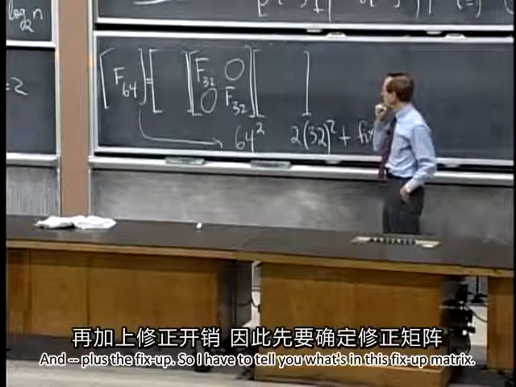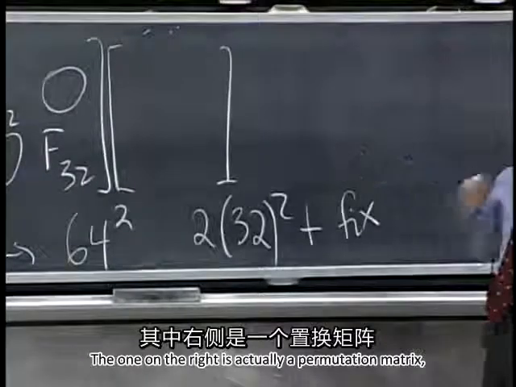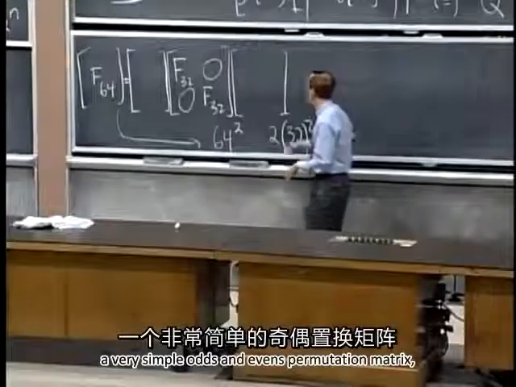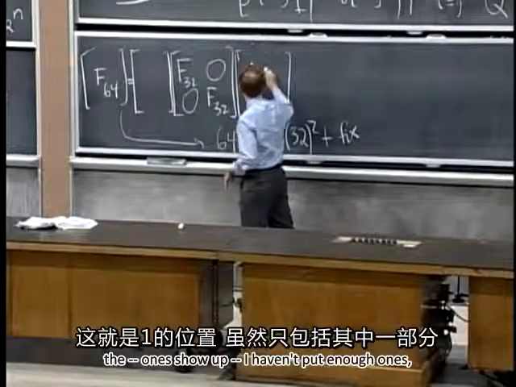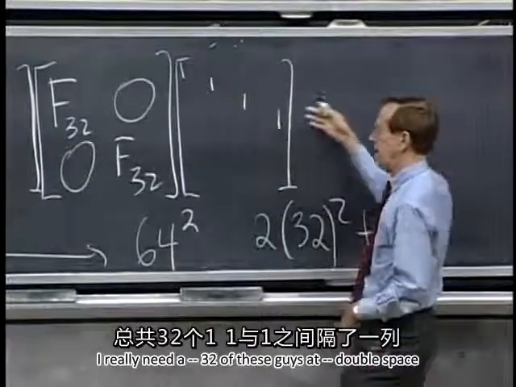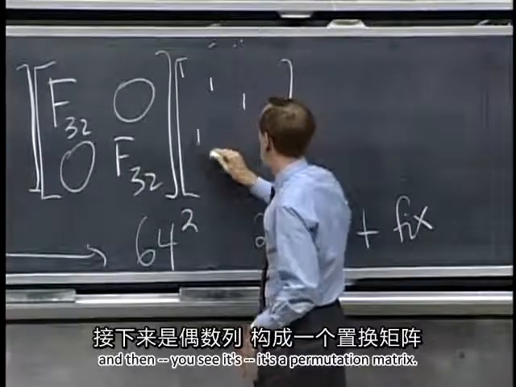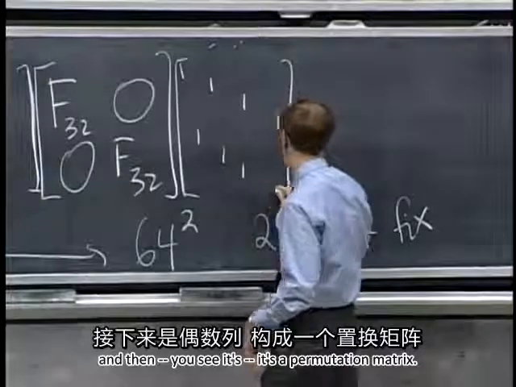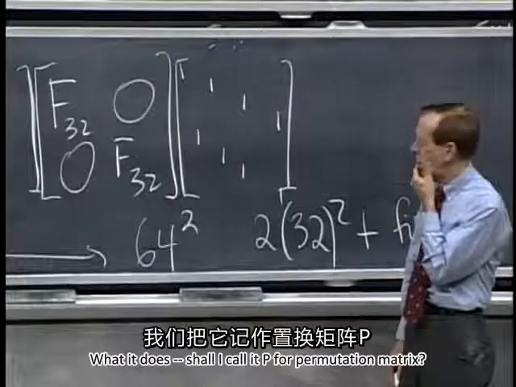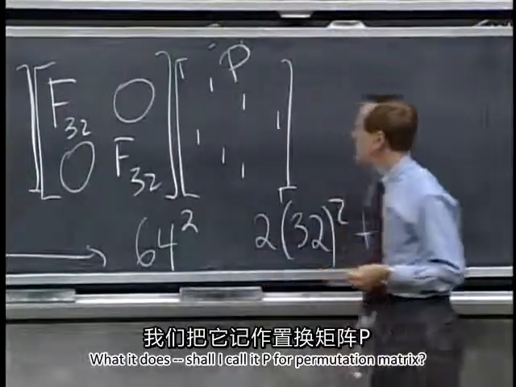So I have to tell you what's in this fix-up matrix. The one on the right is actually a permutation matrix, a very simple odds and evens permutation matrix. The ones show up. I haven't put enough ones. I really need 32 of these, a double space, and then you see it's a permutation matrix. Shall I call it P for permutation matrix?